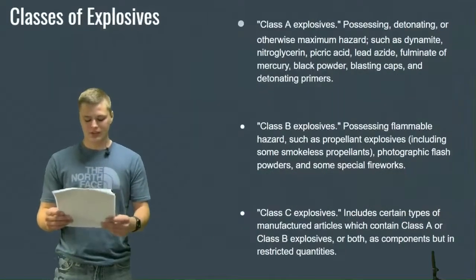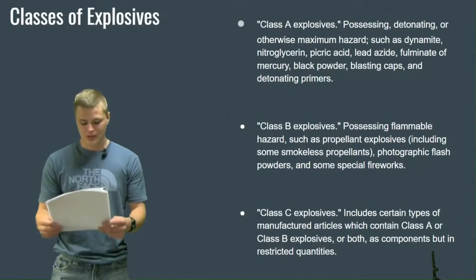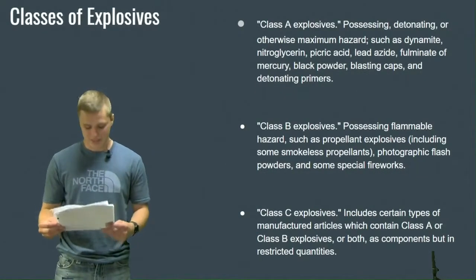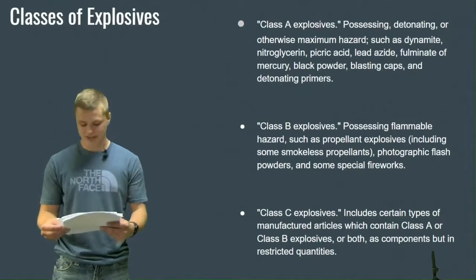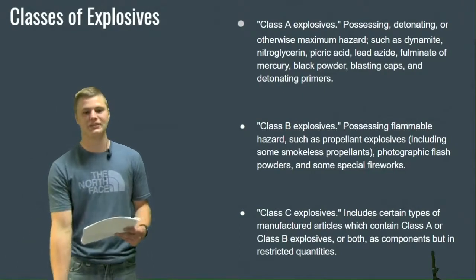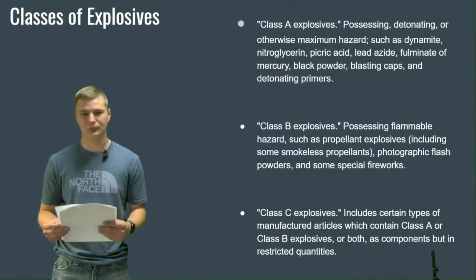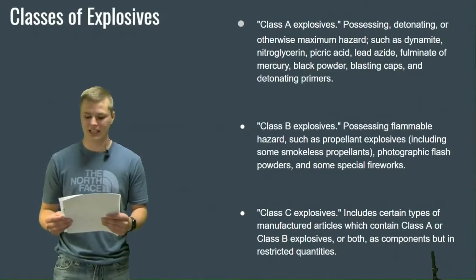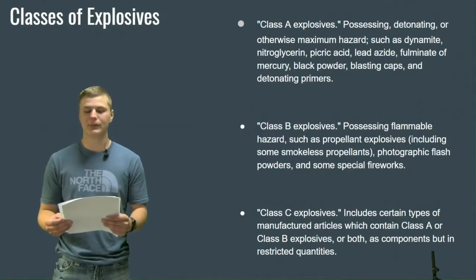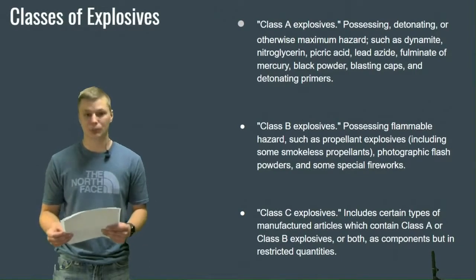Now we are going to dive into the different classes of explosives that I mentioned in the previous slide. Class A explosives possess detonating or otherwise maximum hazard, such as dynamite, nitroglycerin, picric acid, lead azide, fulminate of mercury, black powder, blasting caps, and detonating primers.